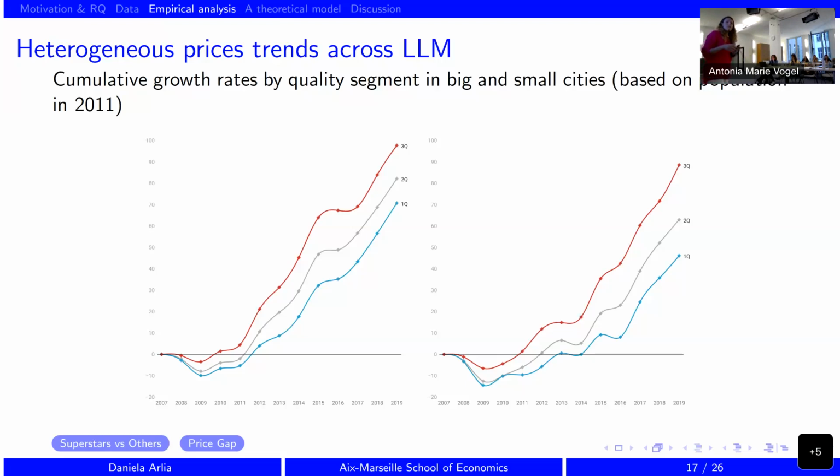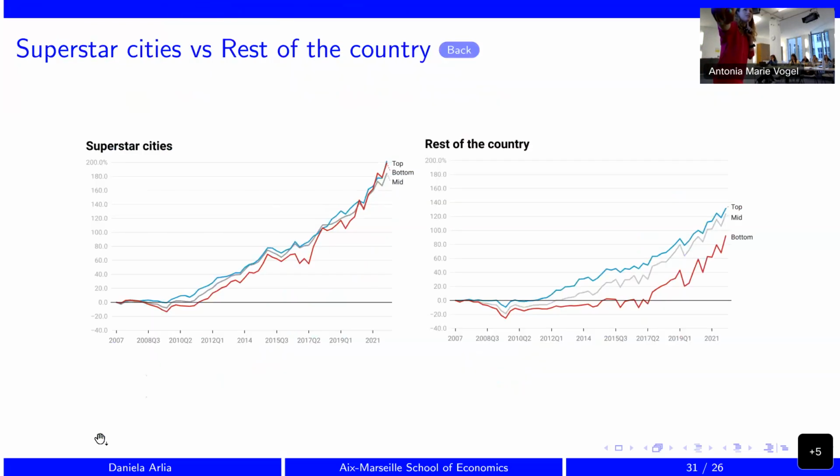And this is also more striking if we look at superstar cities. So this is a smaller sample of the 14 biggest cities, and this is the evolution of cumulative growth for the rest of the country.